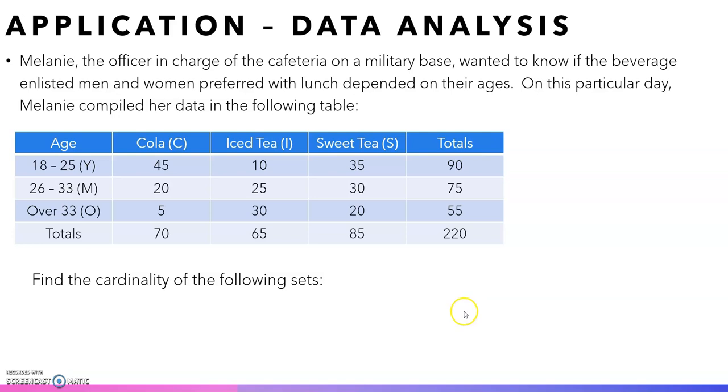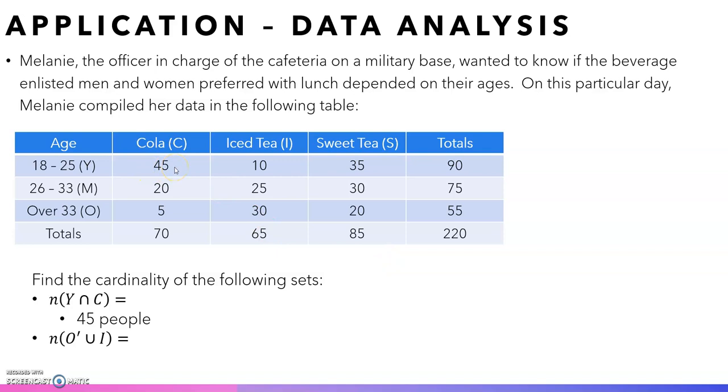We need to find the cardinality of the following sets. The intersection of young and cola. If we look here at the young section in cola, our cardinality is 45. The number of people not considered old, unioned with the iced tea lovers.